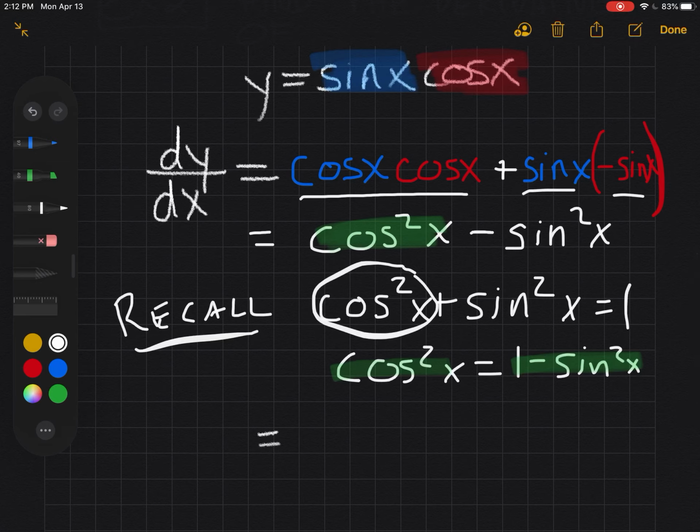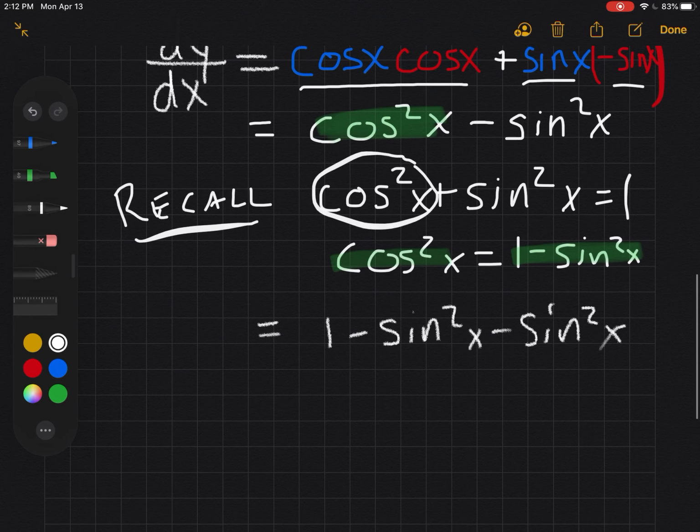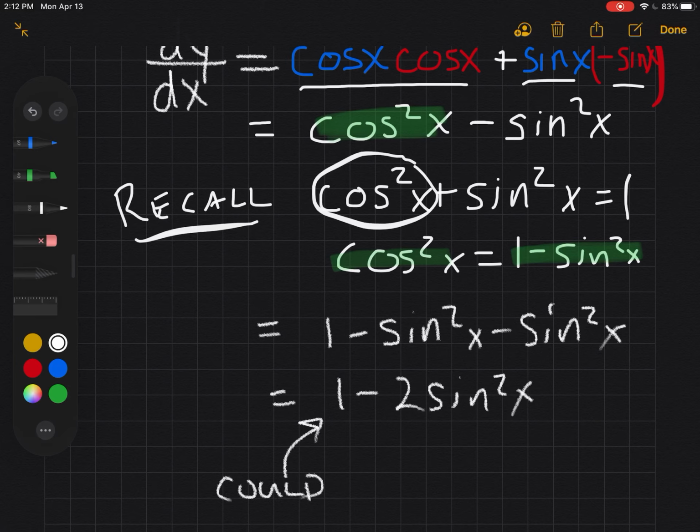So I'm going to go ahead and use that substitution in here, because I'm saying the cosine squared of x is the same as 1 minus sine squared of x. So I'm going to put that in here and see if that gets us anything interesting. 1 minus sine squared of x minus sine squared of x. 1 minus 2 sine squared of x.